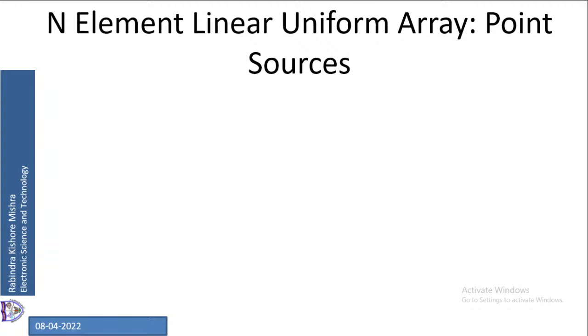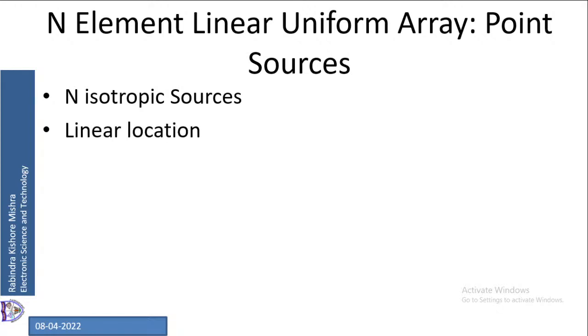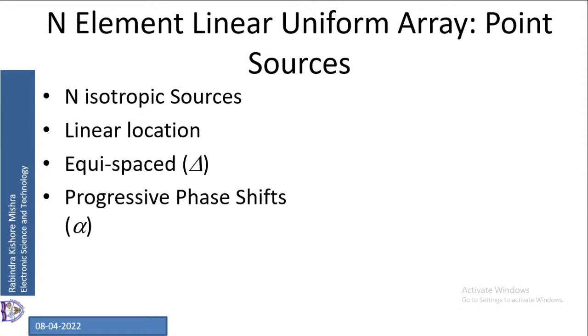So with this, we come to the end of the two-element array. That concludes the two-element array. Now we will come to the n-element linear uniform array of point sources. We will consider point sources, then we will go to pattern multiplication. So what we have here is n isotropic point sources. Their location is linear, so they are on a straight line, equispaced.